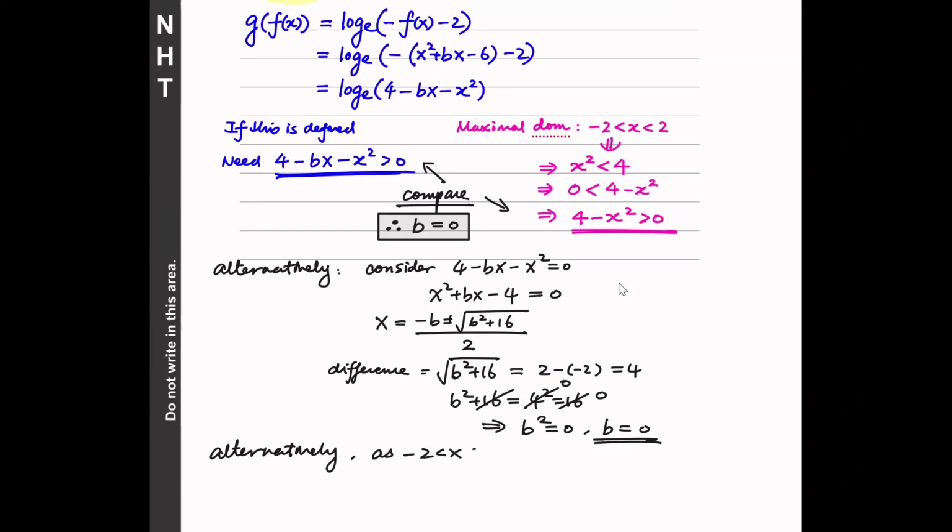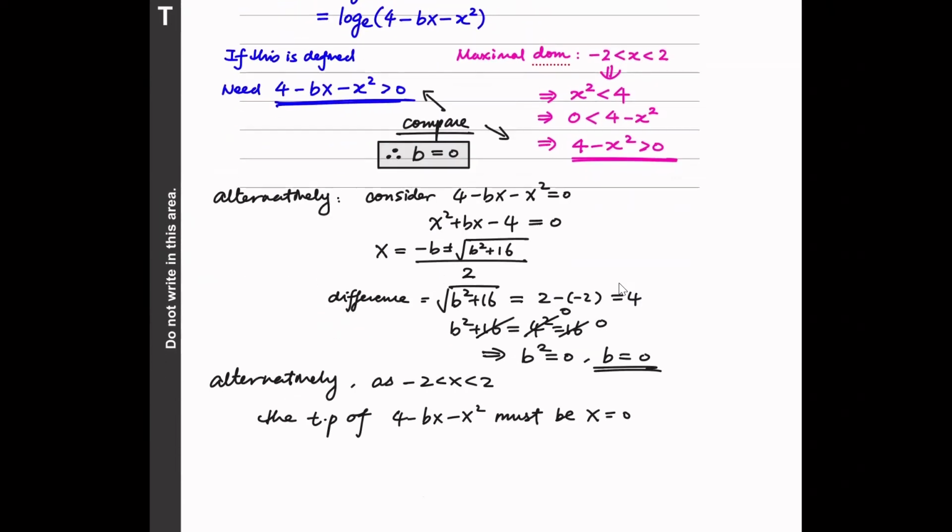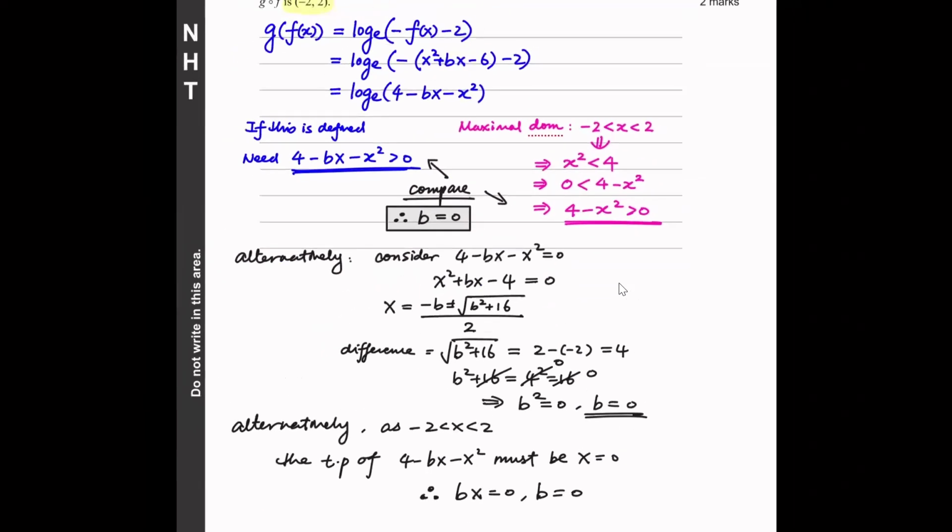As x is between minus 2 to 2, the turning point of 4 minus bx minus x squared must be x equals 0. This is just symmetry. Therefore, the bx term equals 0 and b equals 0. Something along this line, as long as you explain yourself clearly with convincing, correct mathematics.